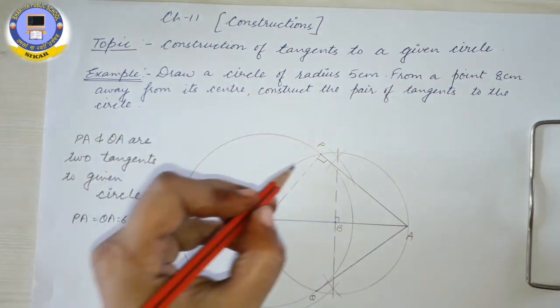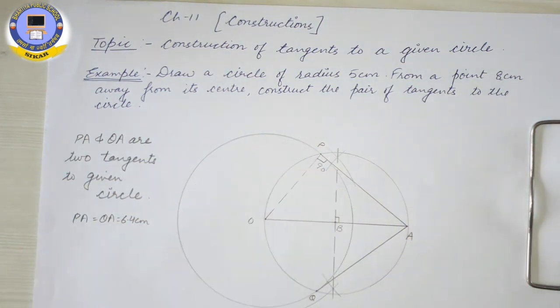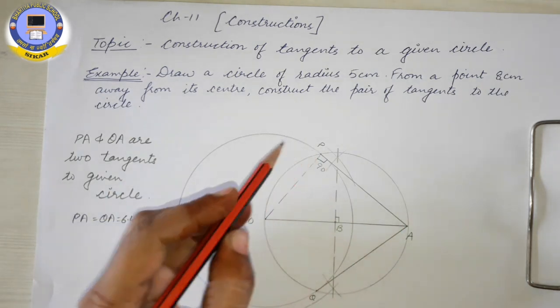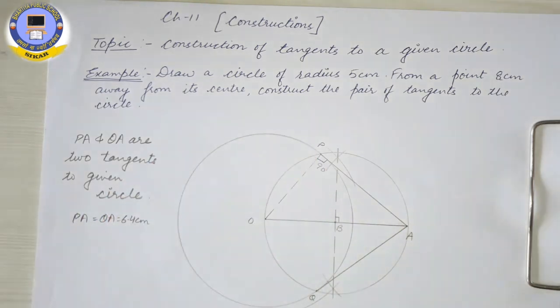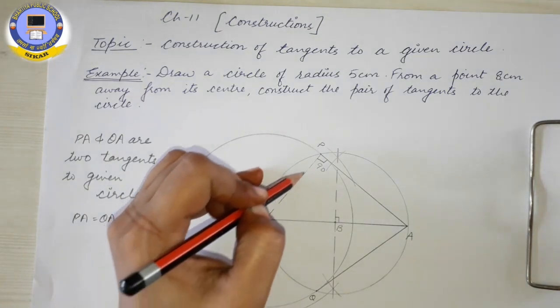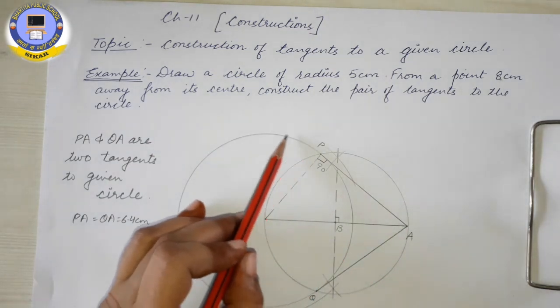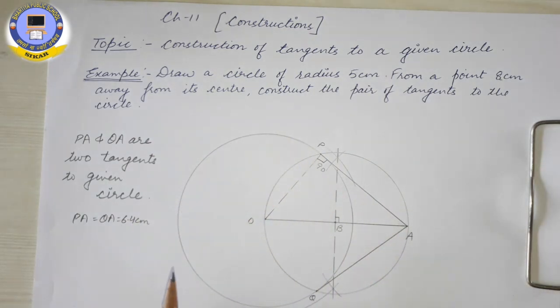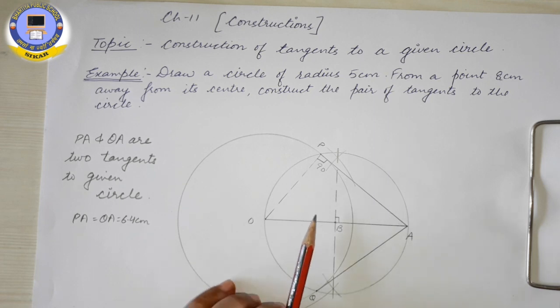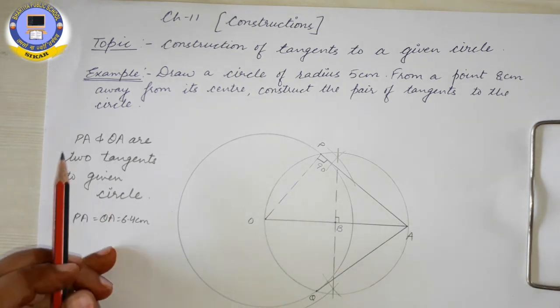Angle APO is how much? It is 90 degree. So have you remembered the tangent radius theorem? The tangent is perpendicular to the radius through the point of contact. So from here we have proved that this PA is a tangent to this given circle. Okay. So with the help of this construction, or with the help of theorem 10.1, we can prove that this construction is valid.